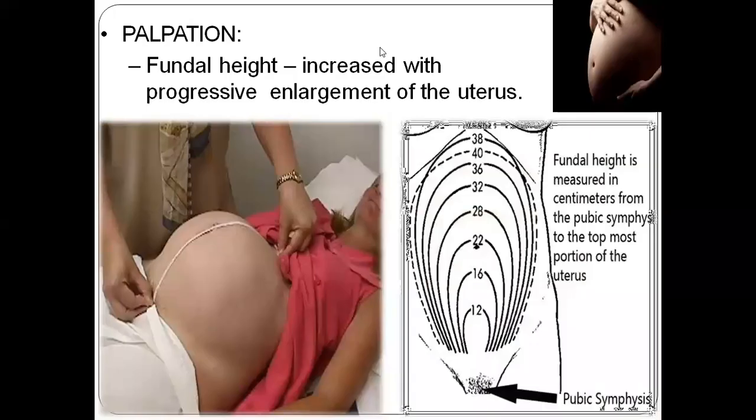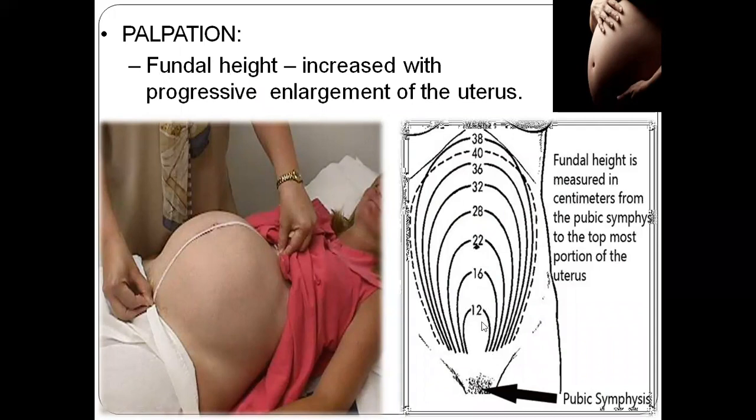Then in palpation, in the second trimester, as we said that abdominal enlargement will be there, so we can measure the fundal height. Do you know what the fundus is? It is the upper part of the uterus. So the fundal height can be measured. With the second trimester, slowly we can see that there will be enlargement of the uterus. You can see by the 12th week, as we said, there will be suprapubic bulging.